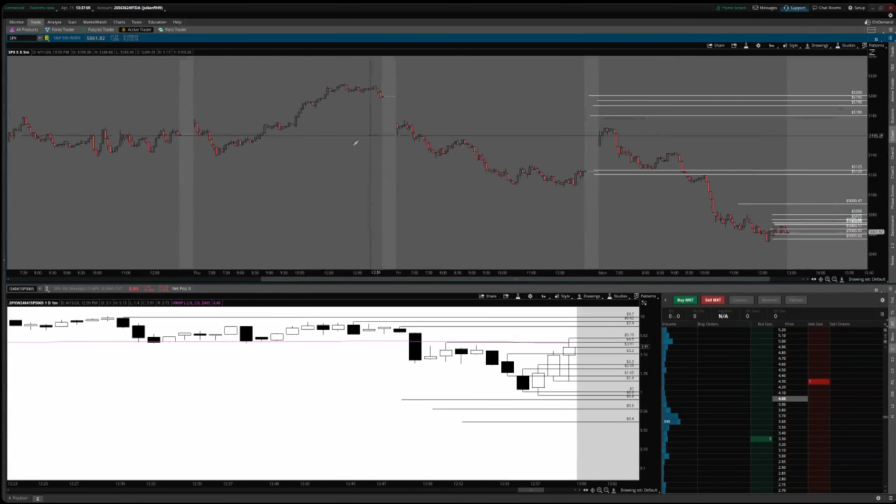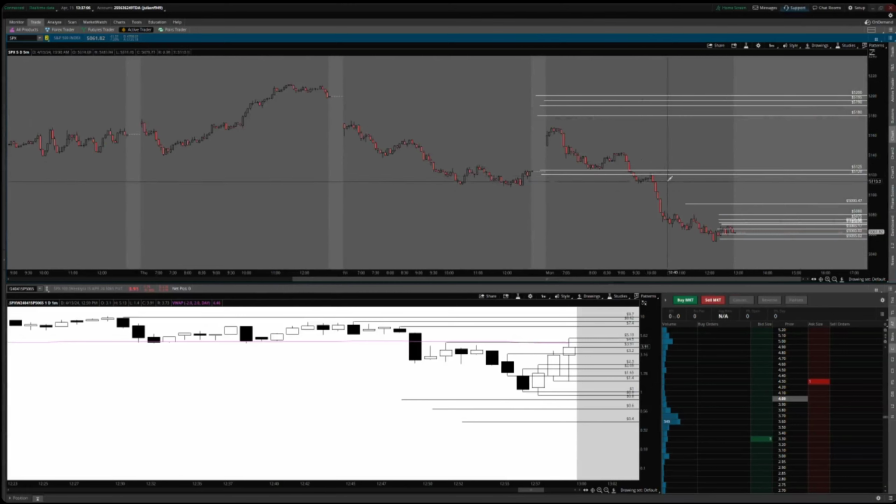That's a gnarly day, but from this morning when we got up here and we stalled, you can see that we stalled at Friday's highs.